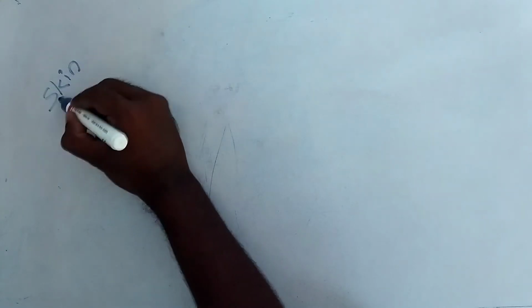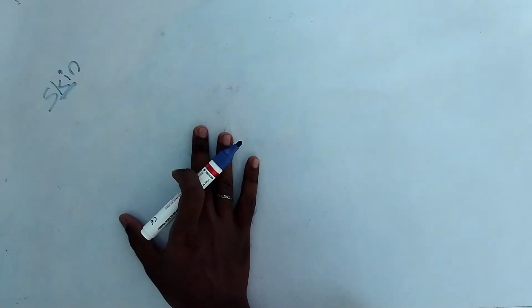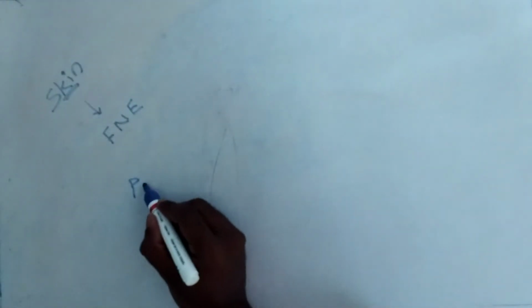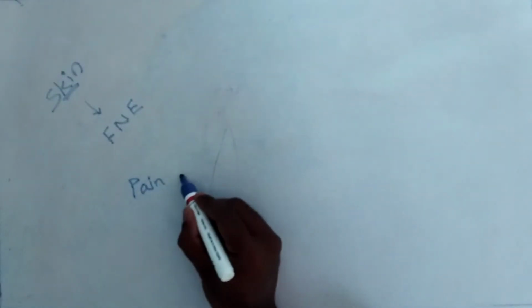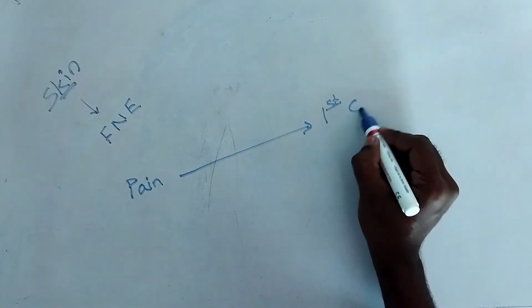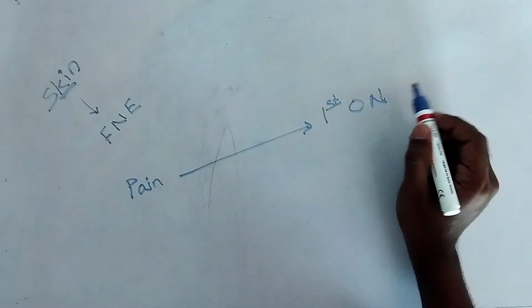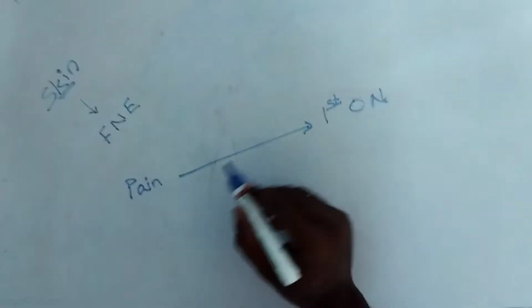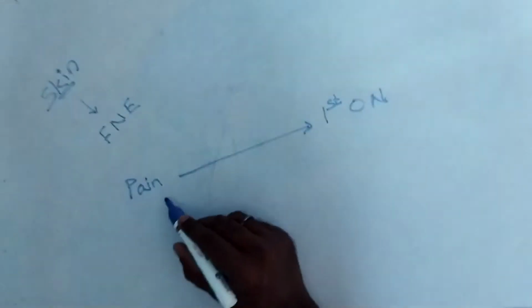First of all, we will discuss the pain sensation at skin. The receptors from skin to brain are free nerve endings. Here, the pain from skin enters into the first order neuron through the pain receptors and their dendrites.